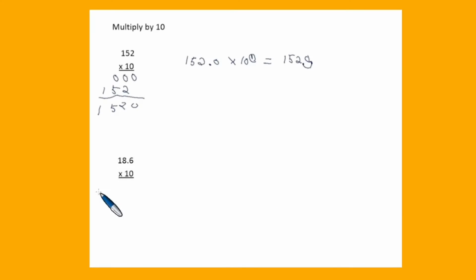So if I go down here, and we do the same thing, only this time I have a decimal point. We have 0 times 18.6. Well, that's just 0 times 6 is 0, 0 times 8 is 0, 0 times 1 is 0.